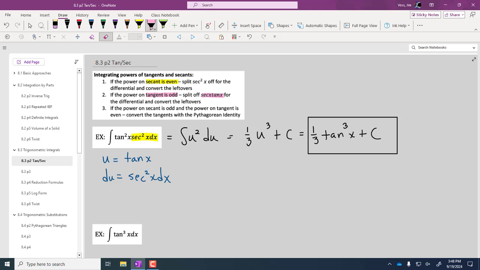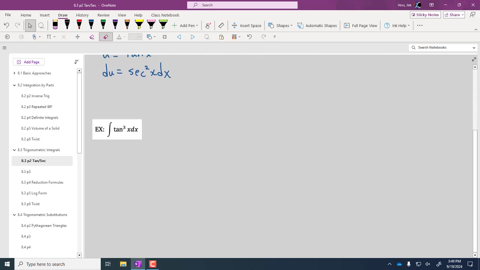Right? So when secant is to an even power, we pulled off secant squared. We're going to let u be tangent because tangent's derivative is secant squared. When tangent is odd, we pull off a sectan and let u be secant because the derivative of secant is sectan.